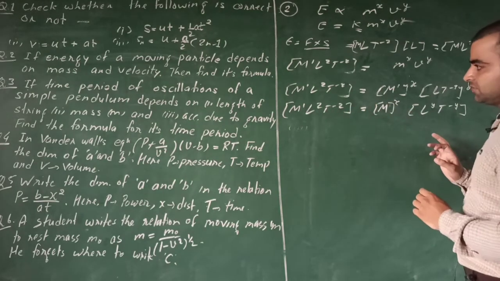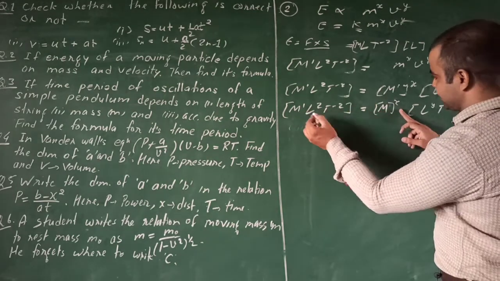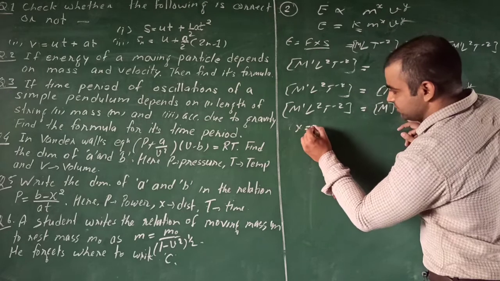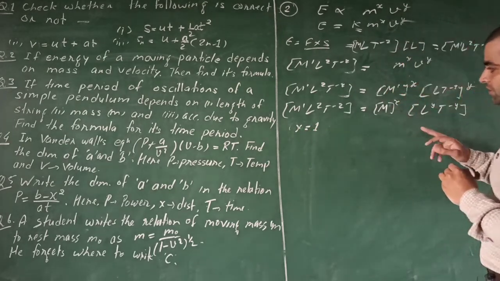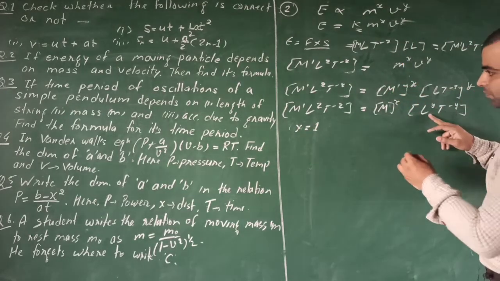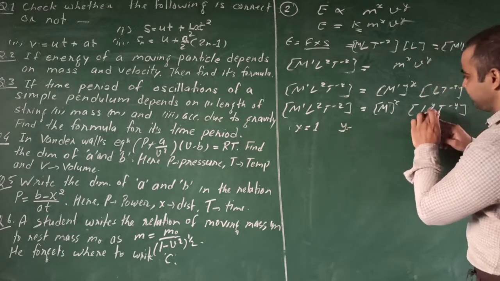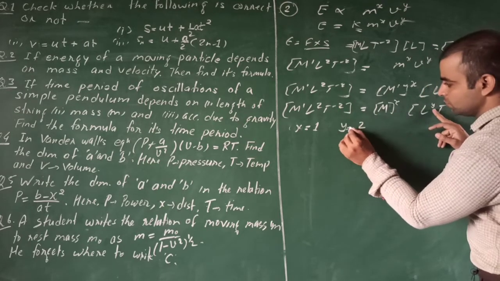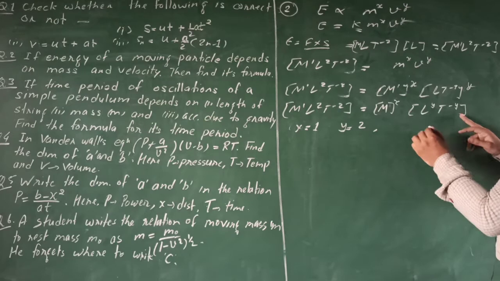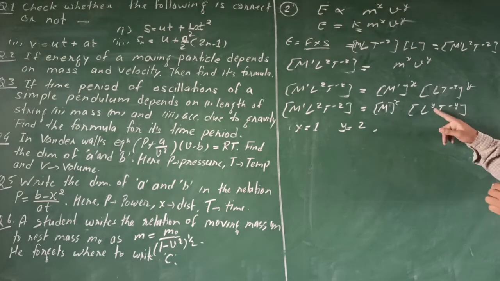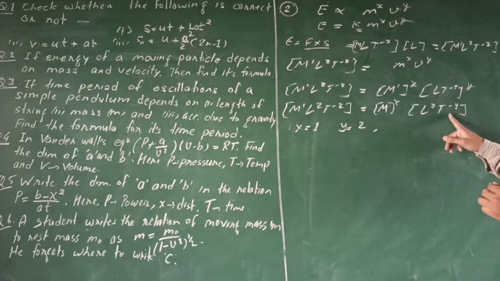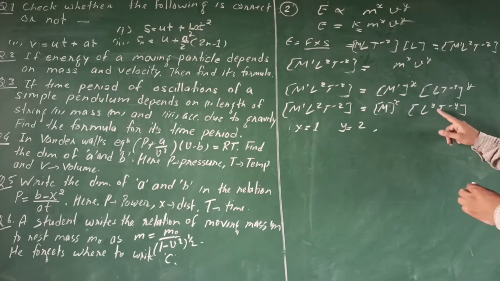Let here M^x means x is given as 1, L means y is given 2, and here y is given in 2 terms, then solve it.